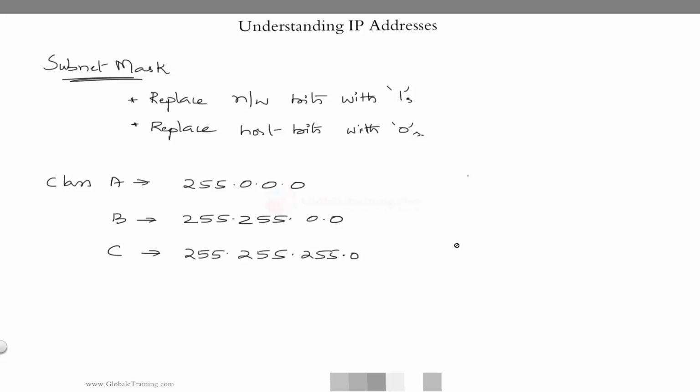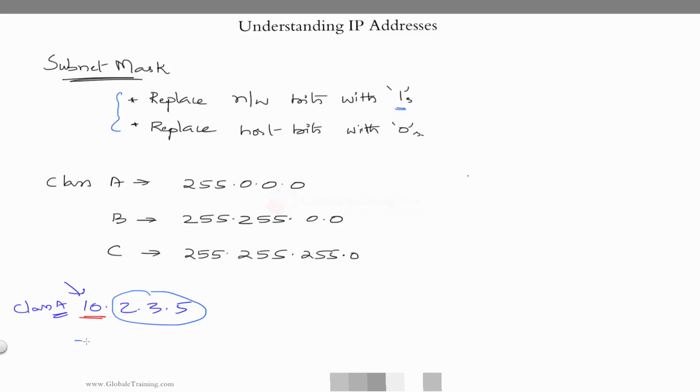Say for example, one of our IP addresses, 10.2.3.5, we know that this is class A, and in class A the first octet represents what? Network. And the rest is the host. So according to these two rules, all the network should be all ones.